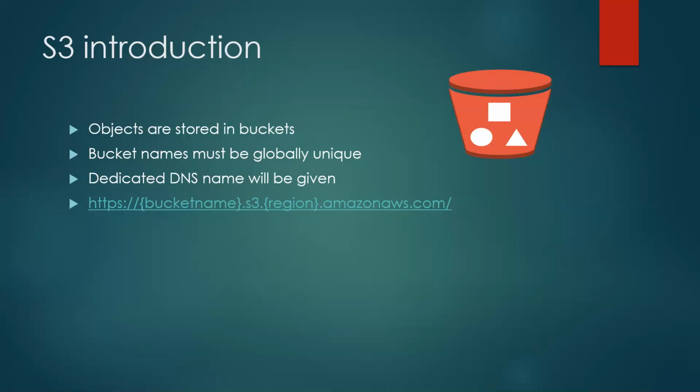Of course, 9 out of 10 times, why would you want to use this DNS name? You want to put a CNAME in front of it, a friendlier website name. I understand that, but this is giving you a brand new DNS name like this. That is why all of your bucket names must be unique.